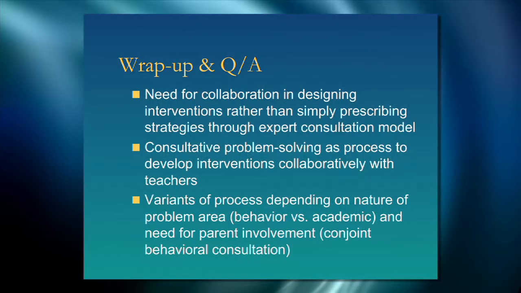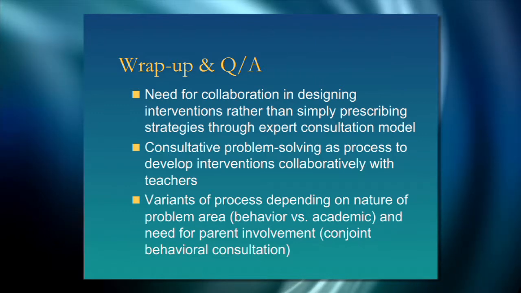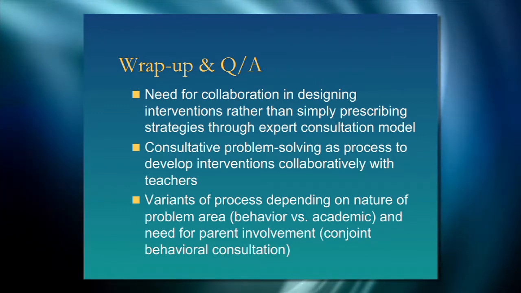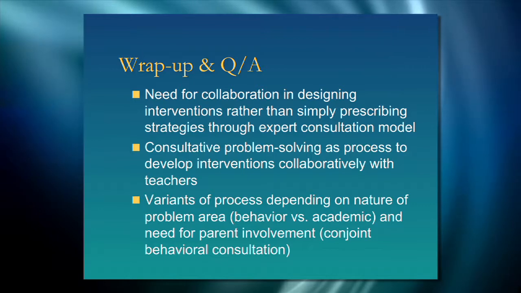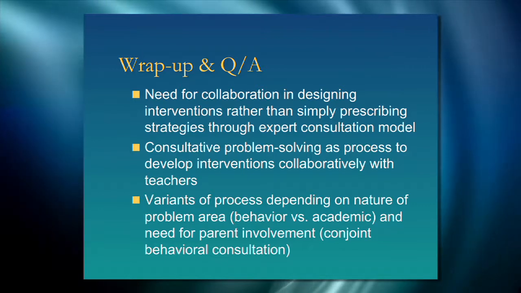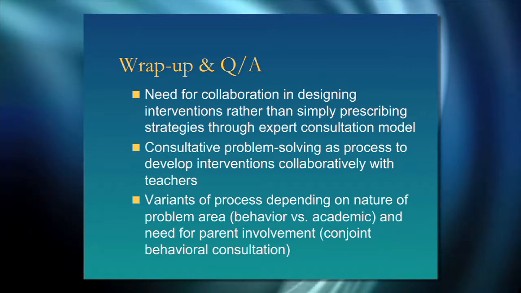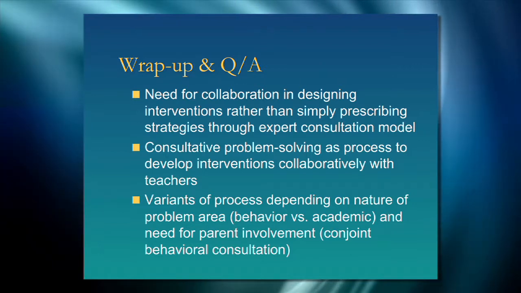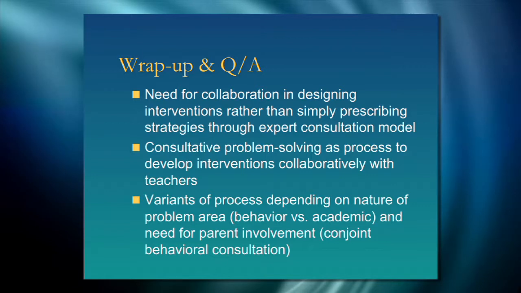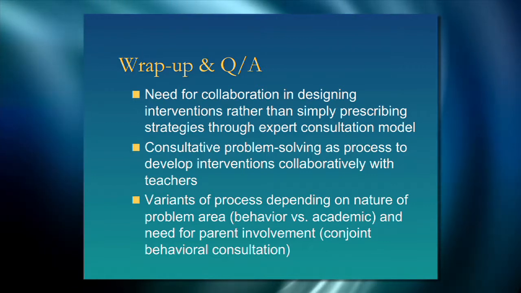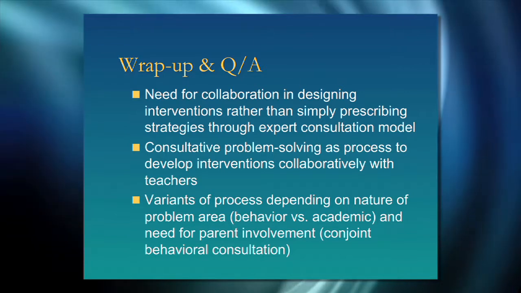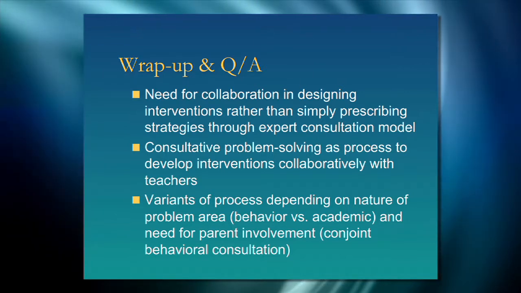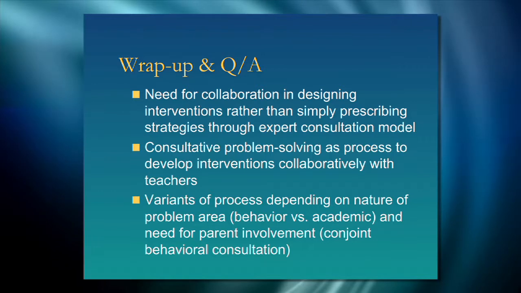So to sum up what we've talked about, again, is the need for collaboration in designing interventions rather than simply prescribing those strategies through an expert consultation model. We need to be looking at collaborative approaches. One possibility, one model that's out there, and I'm not saying it's the perfect model or the only way to do it, is the consultative problem-solving model, which has some good data behind it and has been used for several decades pretty successfully as a process to develop interventions collaboratively with teachers.